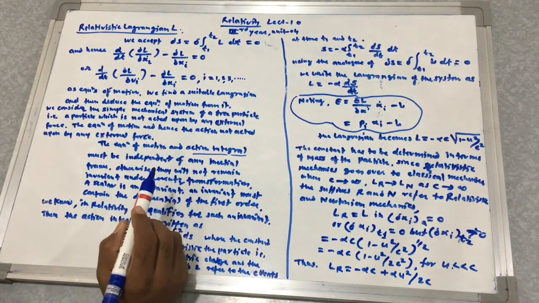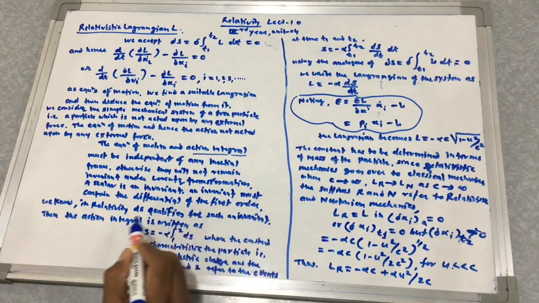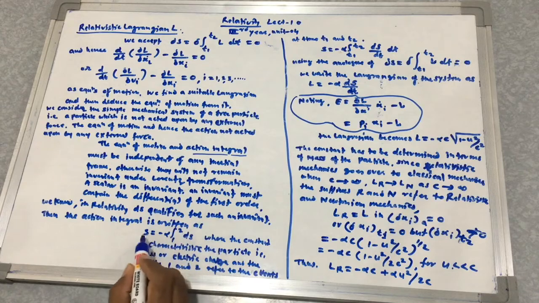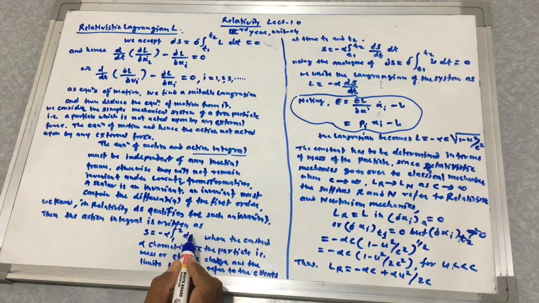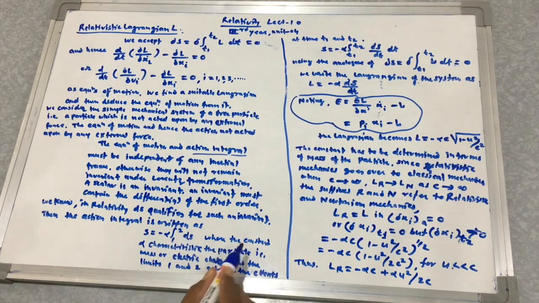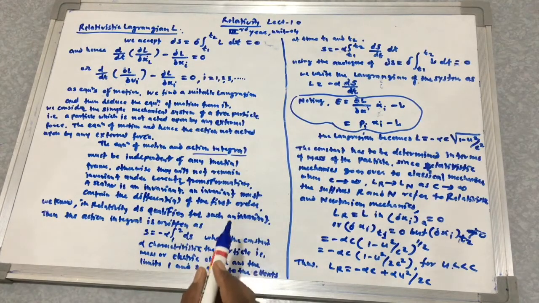So in relativity, as it qualifies for the invariant, the action integral is written as S is equal to minus alpha integral from 1 to 2 of ds, where the constant alpha characterizes the particle, that is its mass or electric charge, and the limits 1 to 2 refer to the events at times t1 and t2.